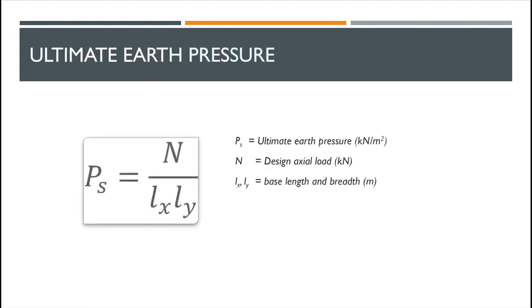From that loading, we want to know for 1 meter square how many kilonewtons will be transferred to the ground. You divide the ultimate design load by the area, and we get the ultimate earth pressure.